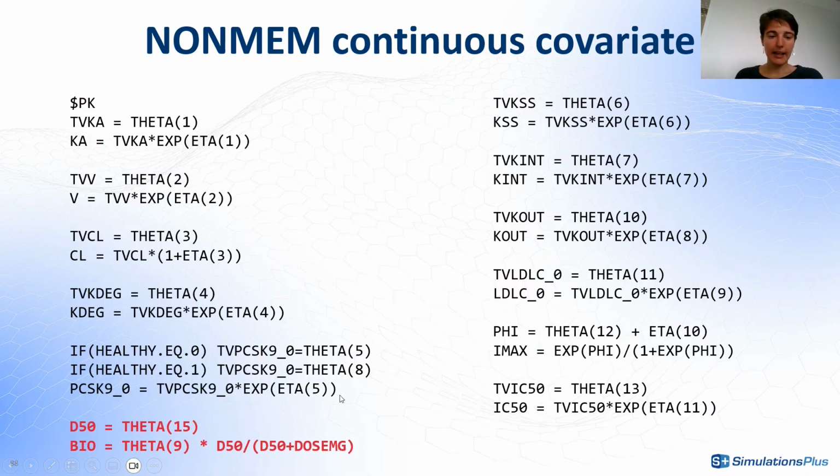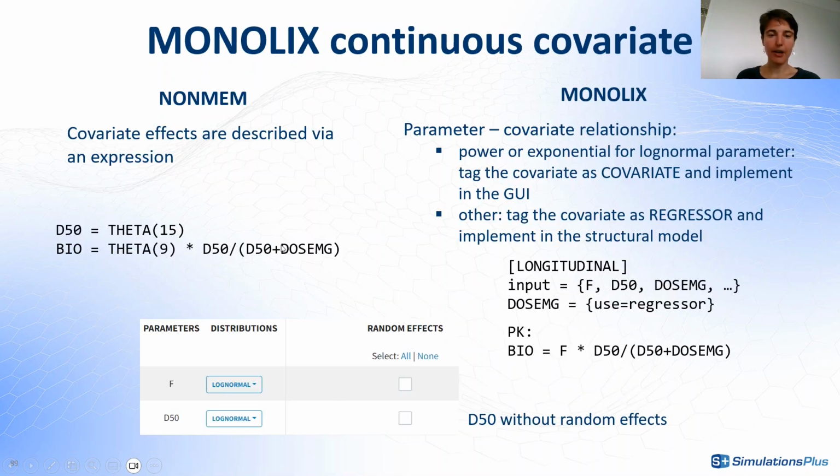And then I have here a different example compared to what we have seen before. Here I have the effect of dose milligram, a continuous covariate, on the bioavailability. If I want to implement this, I cannot do it directly in the graphical user interface.